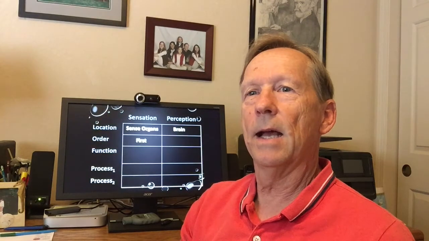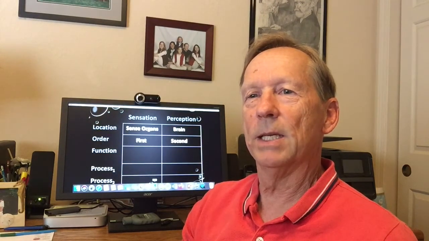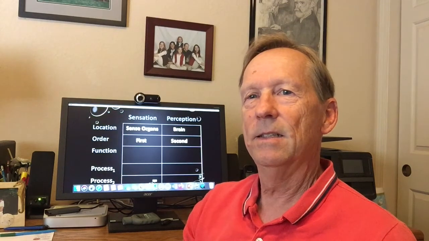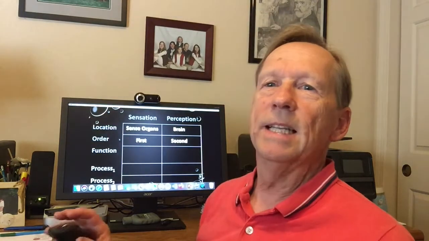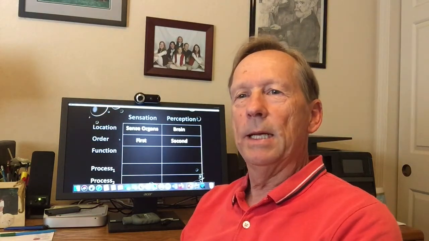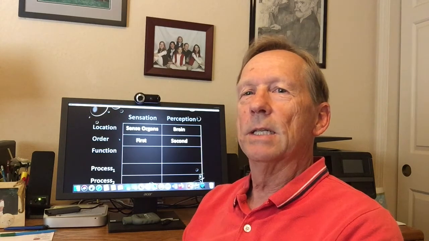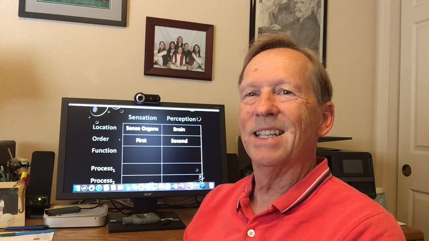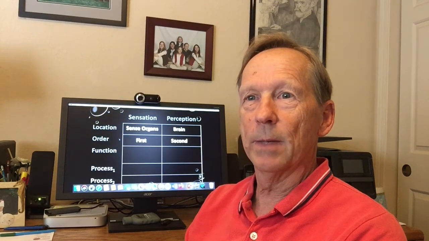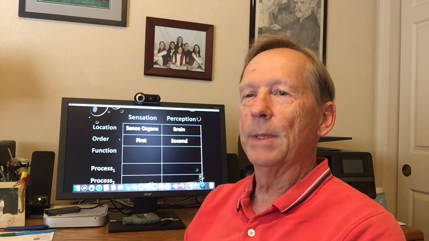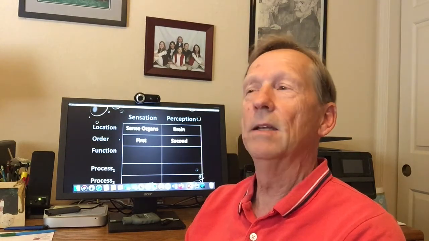The idea is that in order for you to be able to perceive something, you have to be able to sense something, to put something into your brain. So sensation puts something into your brain, and then your brain can perceive it. So the first thing I want you to think about in relationship to ESP is that it doesn't make any sense based on our understanding of sensation and perception. Now, just because something doesn't make any sense doesn't mean that it's untrue or invalid.